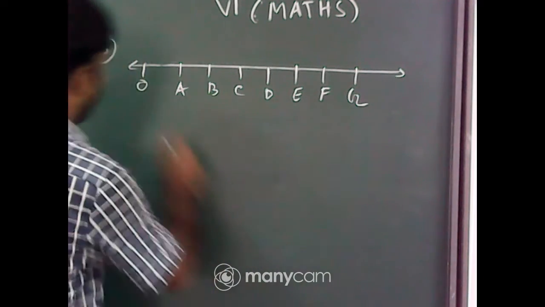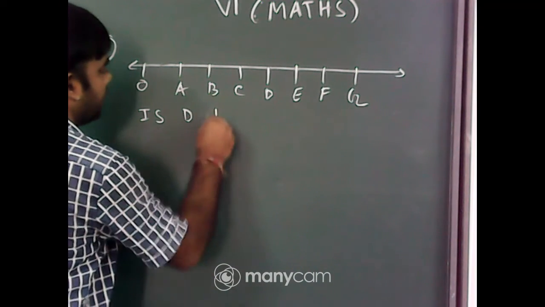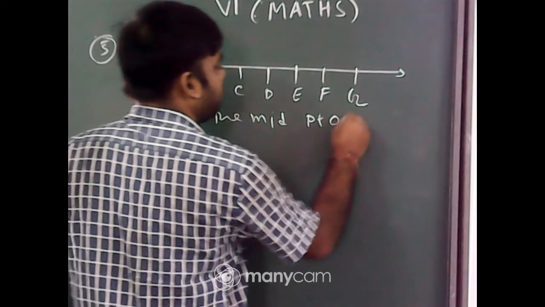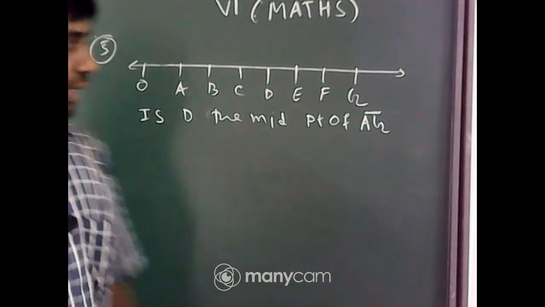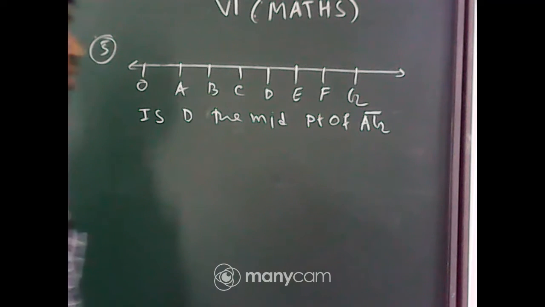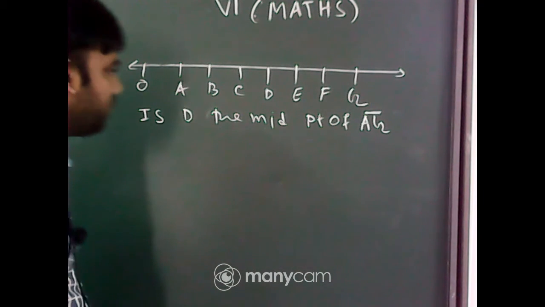You have to verify if D is the midpoint of AG. Yes or no? If it is yes, then why it is yes? Tell me also the reason. What will be the reason?